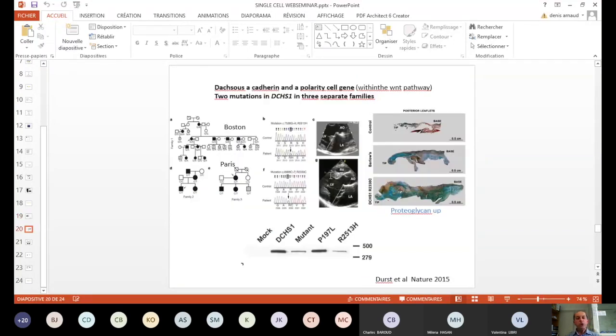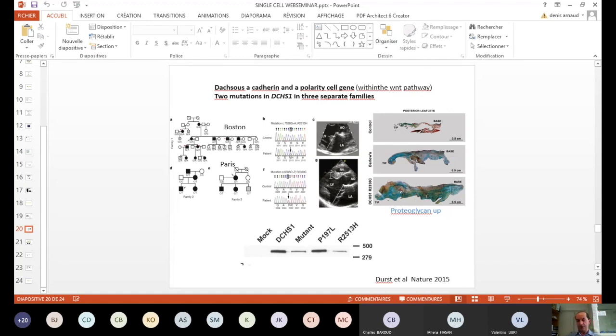There are a few genes that we now know to be responsible for this mitral valve prolapse, and one of them is DCHS1, which is a polarity gene, and a mutation in it is responsible for mitral valve prolapse. So we decided to model this disease, and not using a mouse, because it's very difficult.